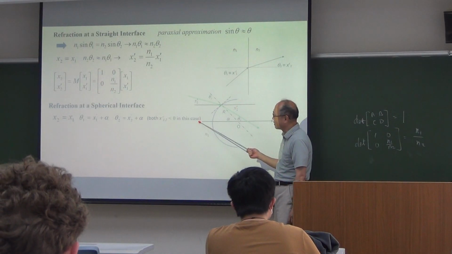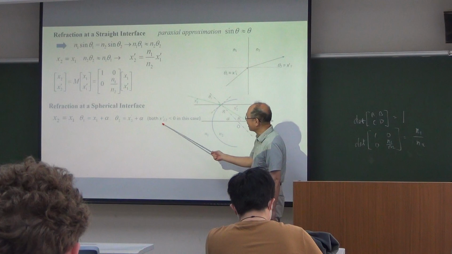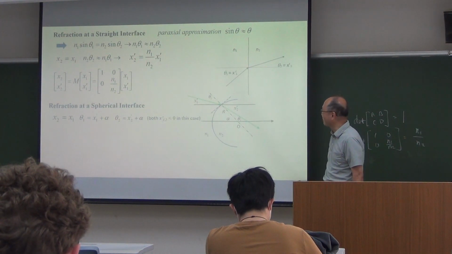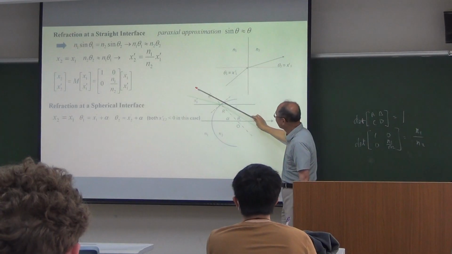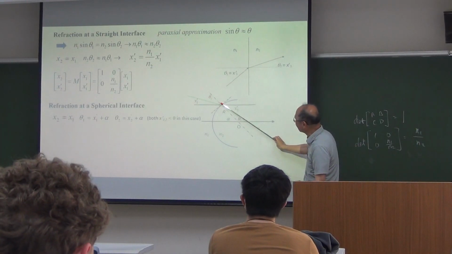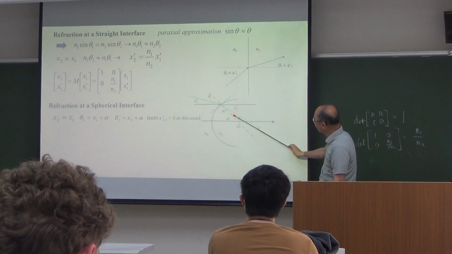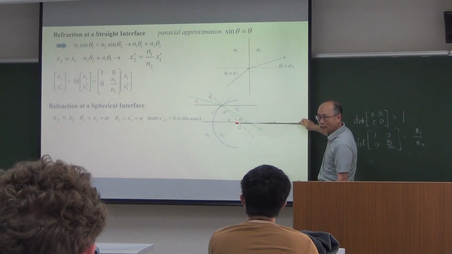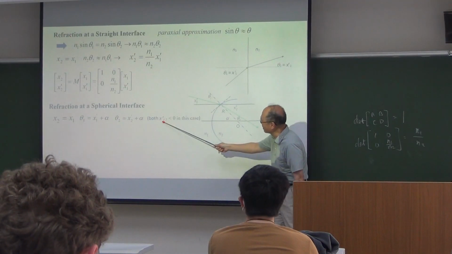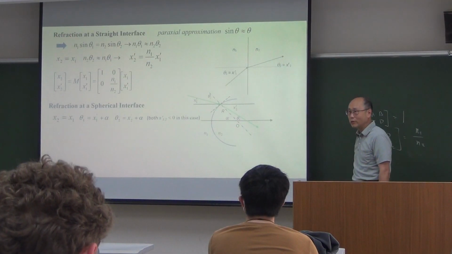I remind you that x1 prime and x2 prime are negative because you are rotating this angle upward. Okay, this is the ray, and then you want to rotate toward the z-axis. You are doing a counterclockwise rotation. So those x1 prime, x2 prime are negative.